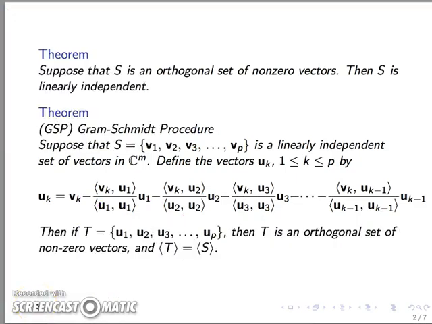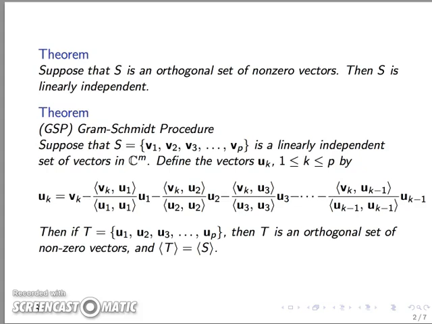When the new vectors u sub k are constructed in this manner, we end up with a set T, which contains the newly constructed vectors u1, u2, u3, all the way through u sub p.